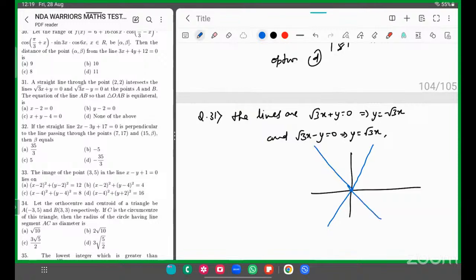And there is one line which is passing through 2 comma 2, they are saying. Where is 2 comma 2? Somewhere like this. We have to find the equation of the line AB so that OAB is an equilateral triangle. The third line has to be perpendicular.